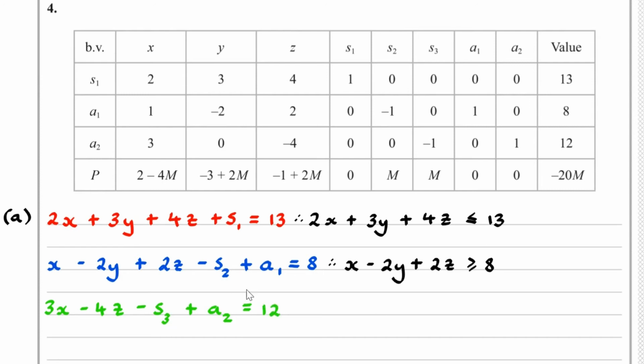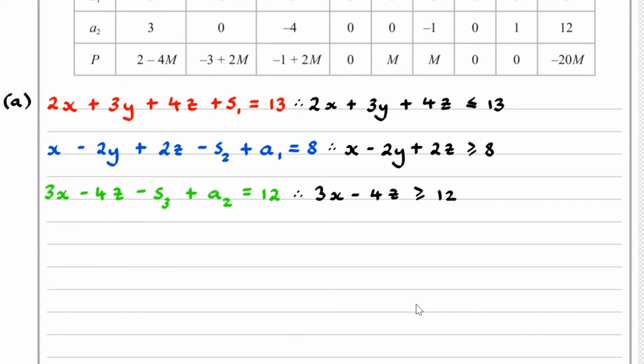Now, because I'm subtracting a surplus and adding an artificial, when I write this as an inequality, we would have 3x subtract 4z is greater or equal than 12. And now, if we consider the non-negativity, we would have x, y, and z all being greater or equal than 0.